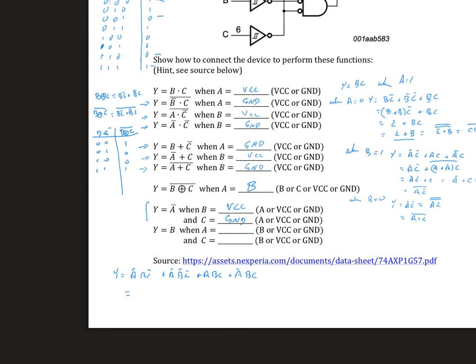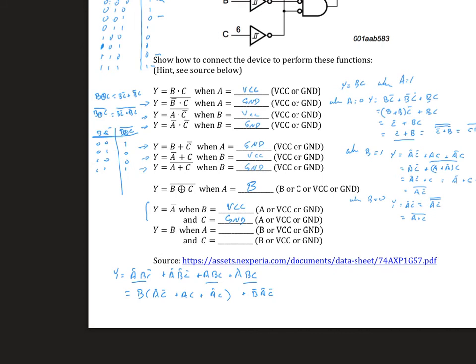Since we have a B, let's just pull out B. So B is going to be A bar C bar, or A bar, the second expression is not true, or A C, or A bar C. So those are those three expressions. And then of course we've got B bar and A bar C bar.